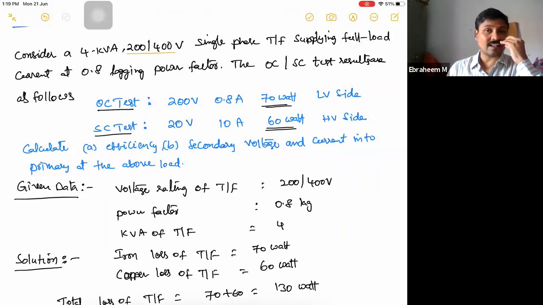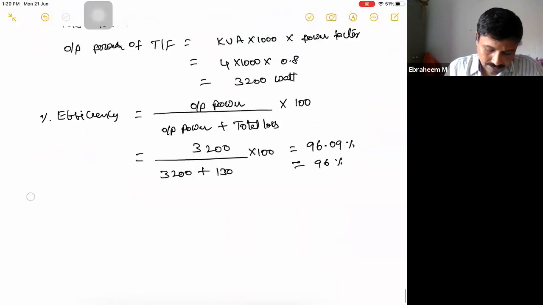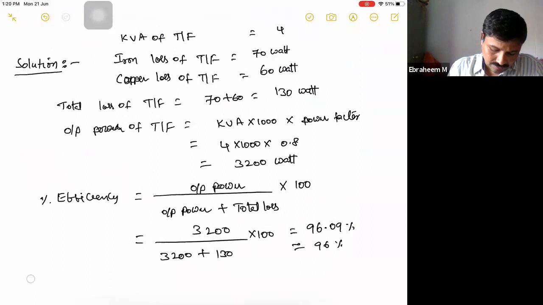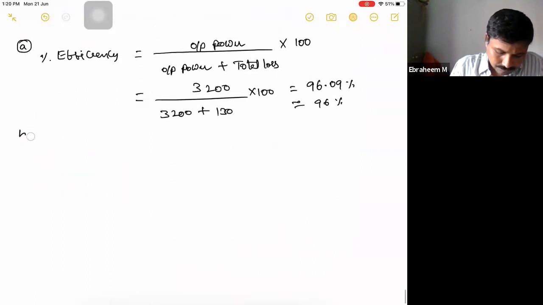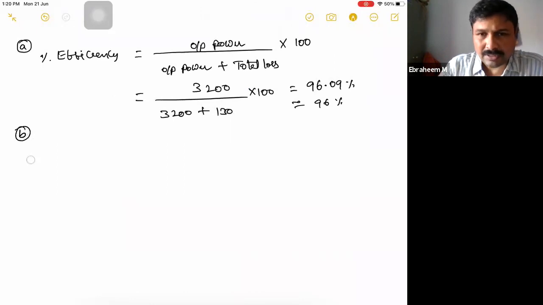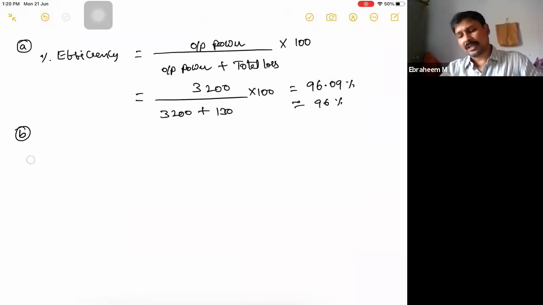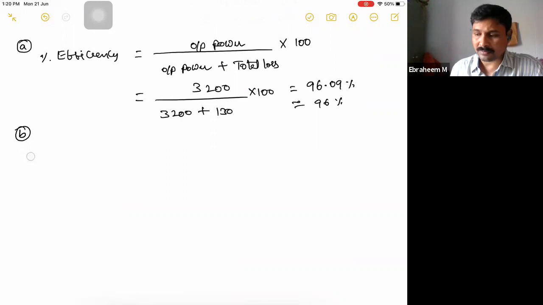Voltage in the secondary, current in the primary. Okay. So here let us find this. So first one is our A. Second, let us find the B. So for this, we need to find out some information from our SC test and OC test.